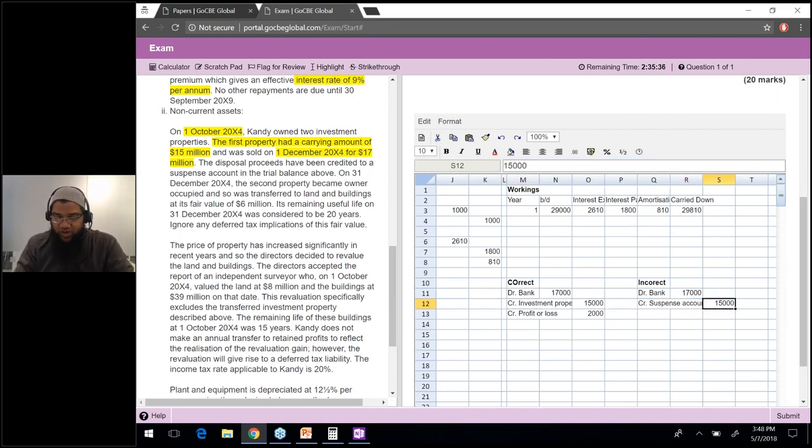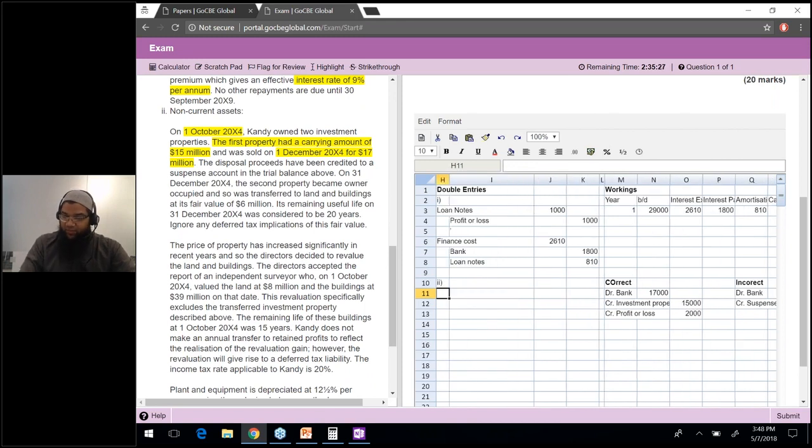The amount that they would have recorded would be 17,000 again. So now what will be the correcting entry? We will record the correcting entry, the bank they have recorded correctly, as suspense account debit, investment property credit, and profit or loss credit by 17,000, 15,000 and 2,000.